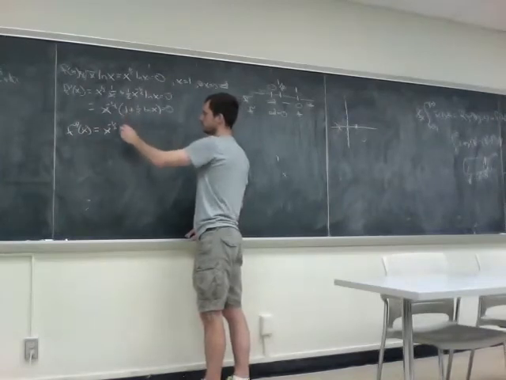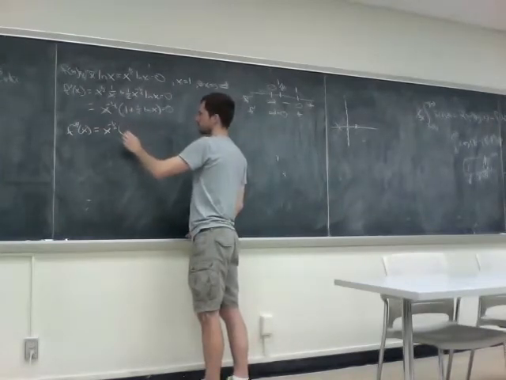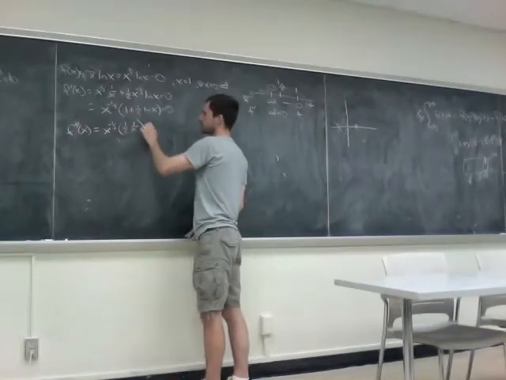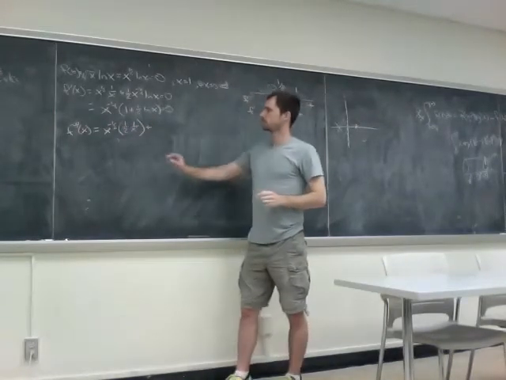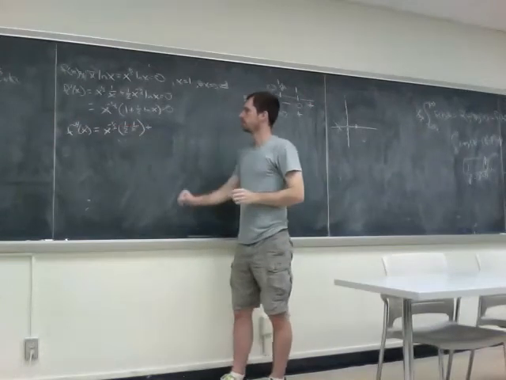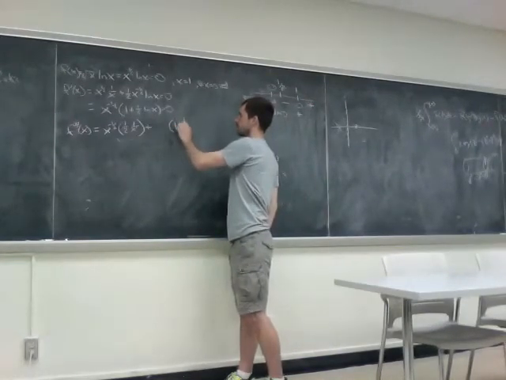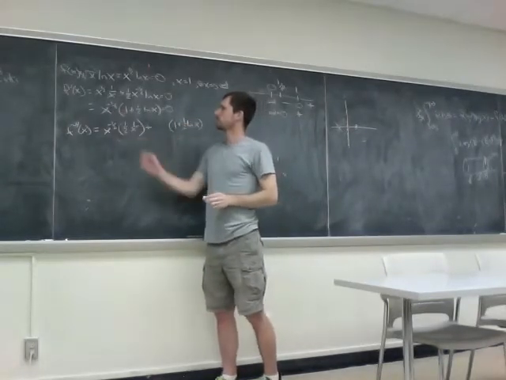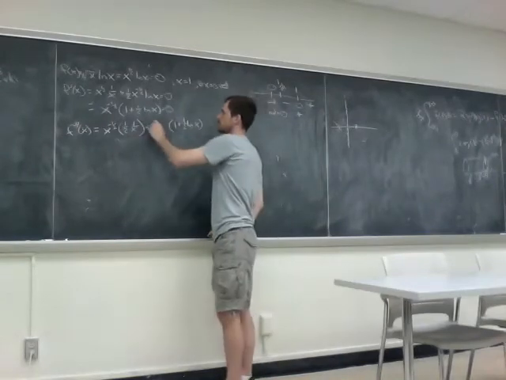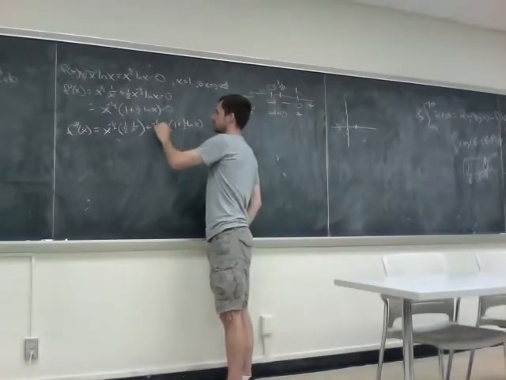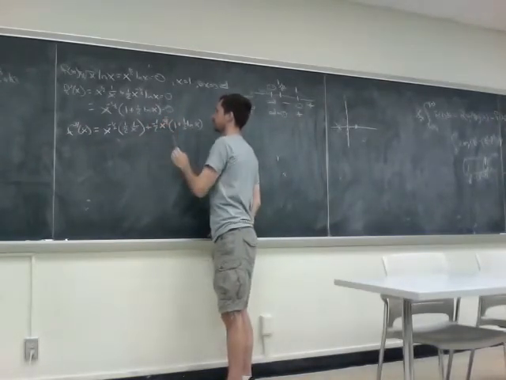That part's gone, and then I get 1/2 times 1 over x. Then plus the derivative of this times that. And the derivative of this is negative 1/2 x to the negative 3/2.